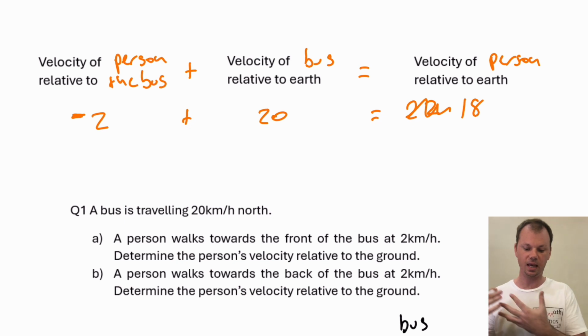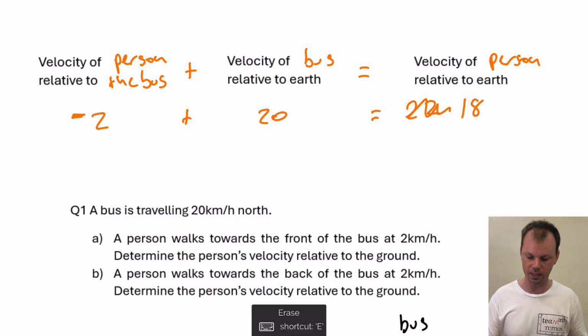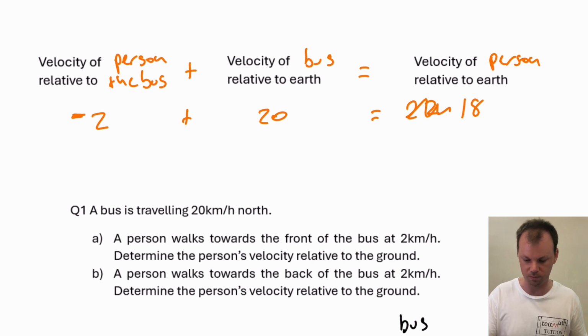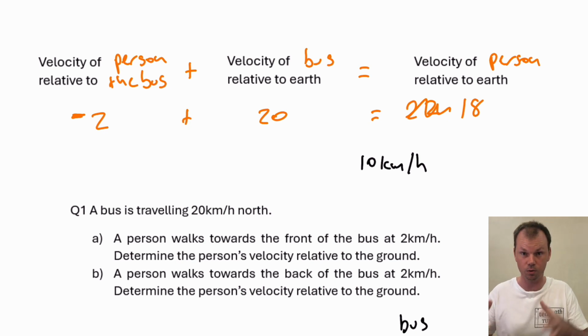This is the case when a person is walking on a bus or a train. It's also the case if a person was to swim in the water. Let's imagine that a person in a swimming pool could swim 10 kilometers per hour. That's how fast they could swim in a swimming pool where the water is stationary.